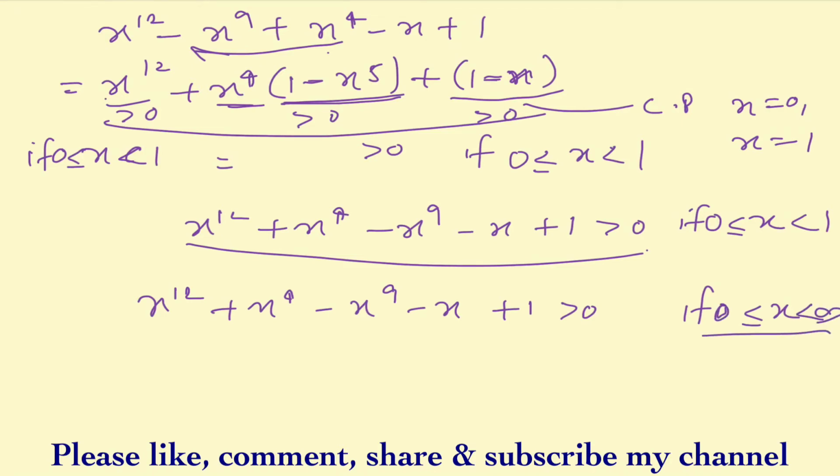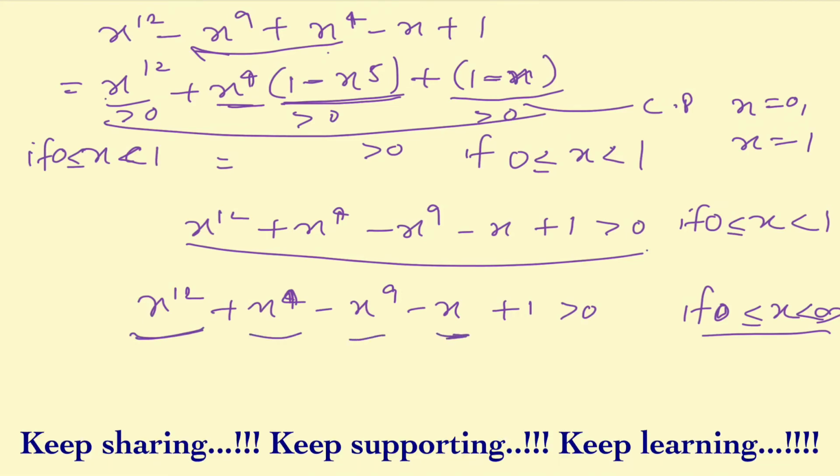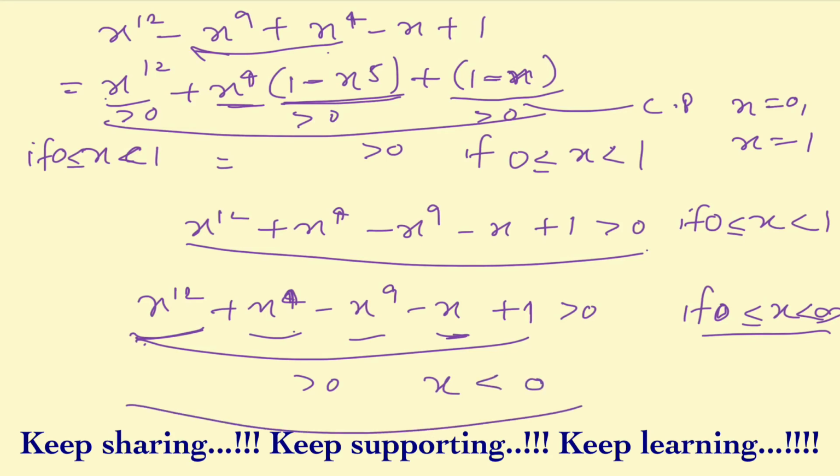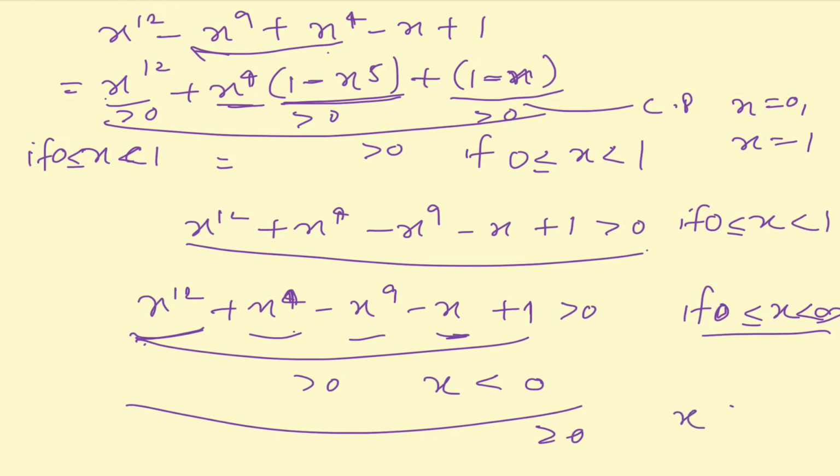Here x to the power 12 is positive, x to the power 4 is positive, this one is negative, this one is negative, plus 1. So this thing will also be greater than 0 when x is less than 0, that is, this whole thing will be greater than 0 when x belongs to minus infinity to plus infinity.